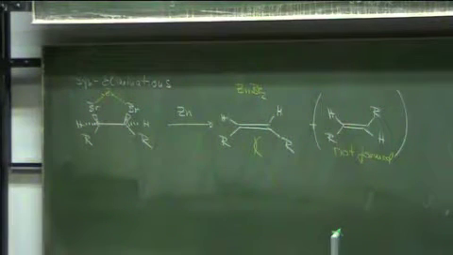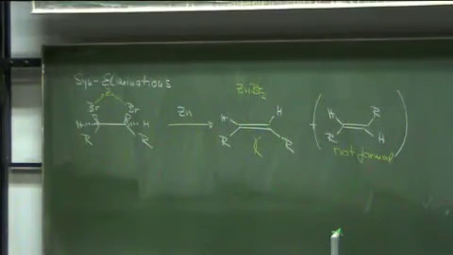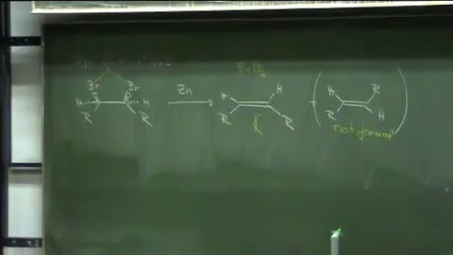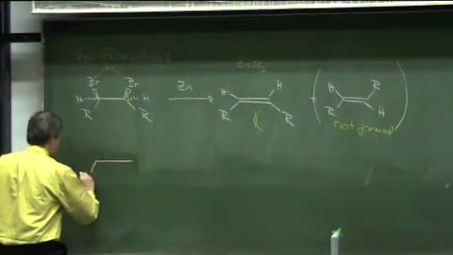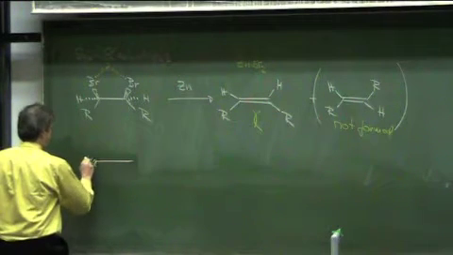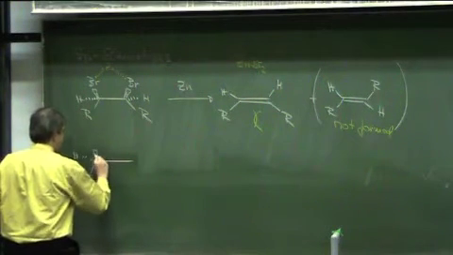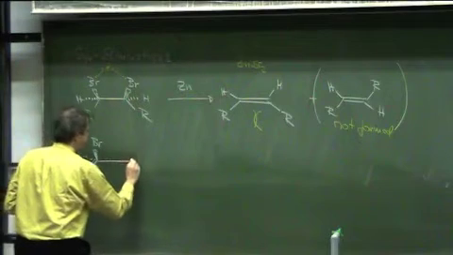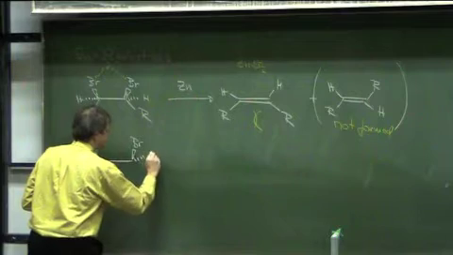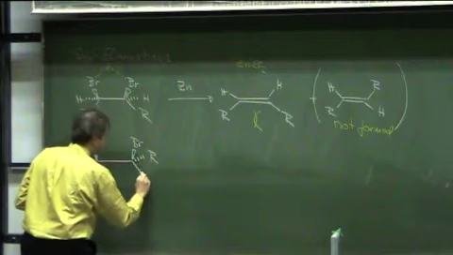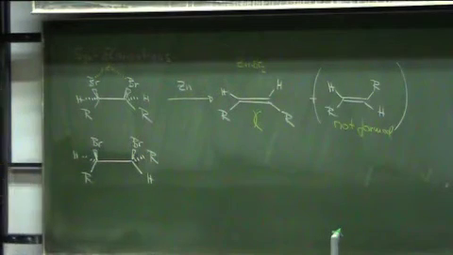Now, for some reason, you might have had the other diastereomer. So, of course, it could have been possible that you would have had this stereoisomer.